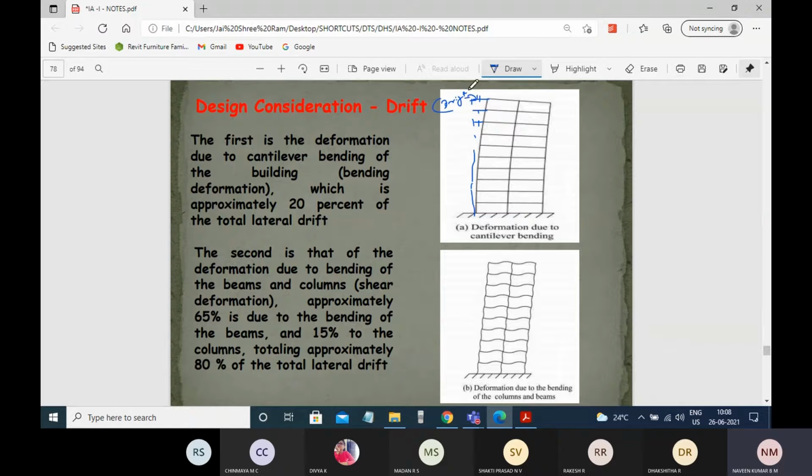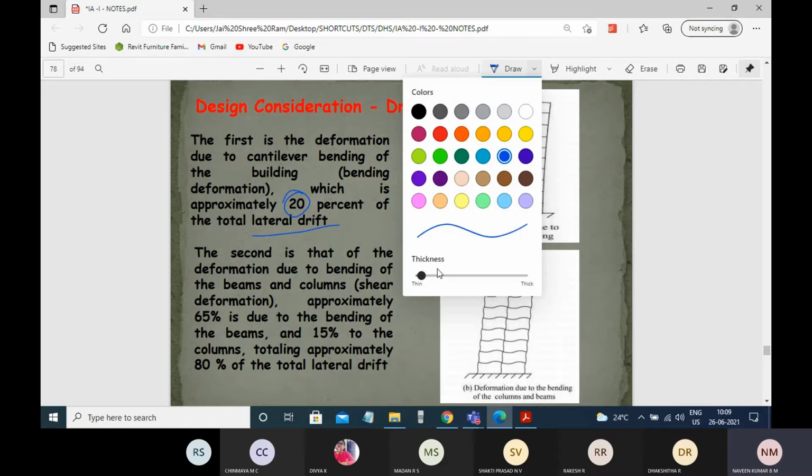What exactly is drift, translational, and how to get the torsional as well as translational movement can all be calculated by using software. So in this case you can expect around 20% of total lateral drift.